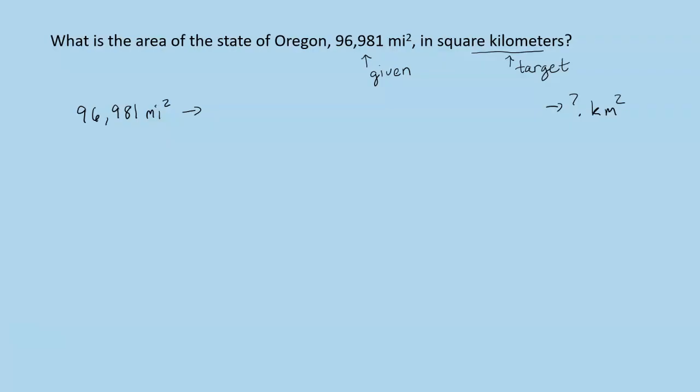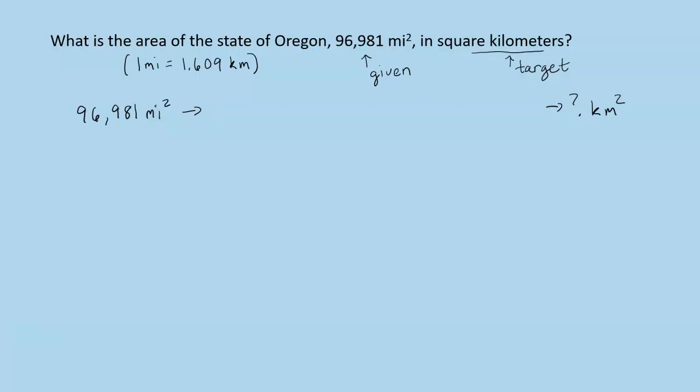But in this example, we're just going to assume that we're given the information that 1 mile is equal to 1.609 kilometers. Okay, to keep this first example simple. So in this case, I only really need one step because I know what there are from miles to kilometers. But the issue is that we have to square the units in the equality.